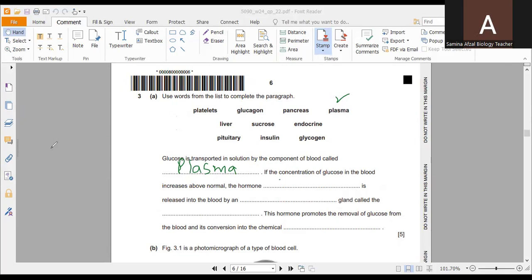So the hormone insulin is released into the blood by an endocrine gland.